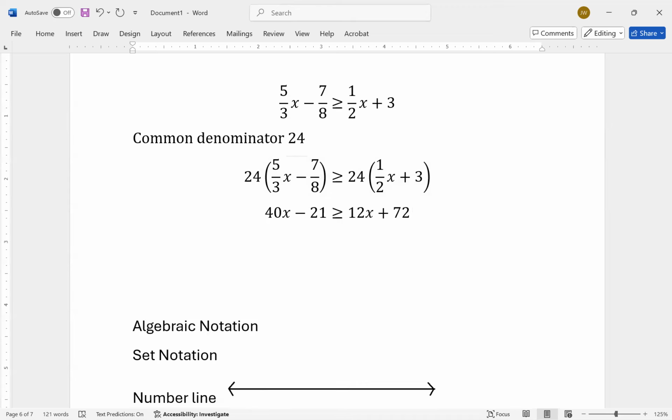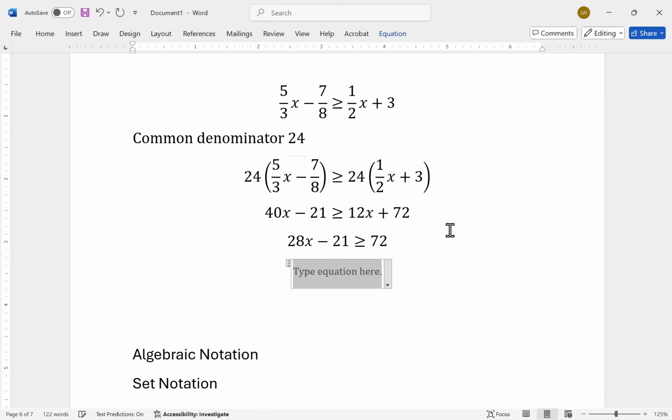And at this stage, I can solve just like any other inequality. I would subtract 12x from both sides. 40 minus 12 is going to be 28. So we get 28x minus 21 is greater than or equal to 72. And then we'd add 21 to both sides.